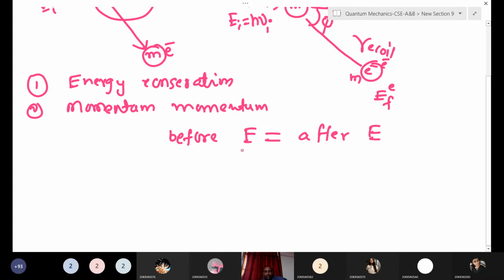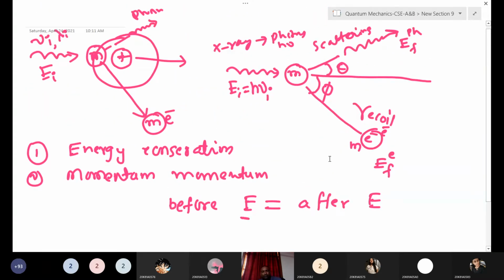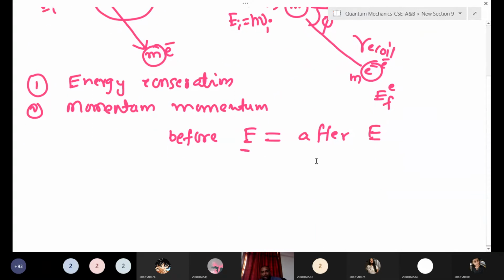Before collision, what do we have? Photon and electron. After collision we also have photon and electron. So we have to write the energy for the photon and electron.